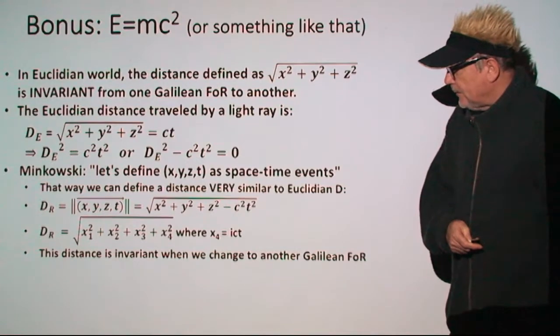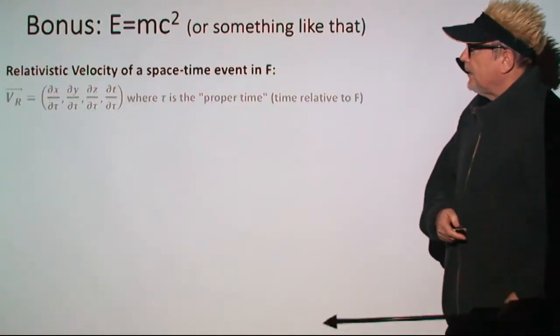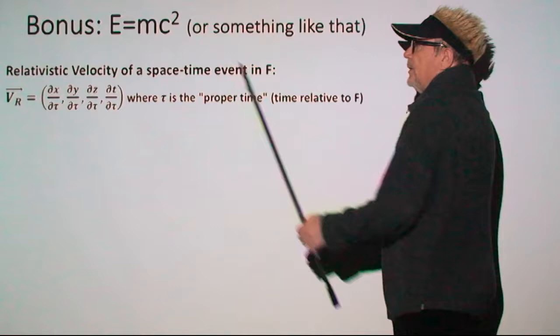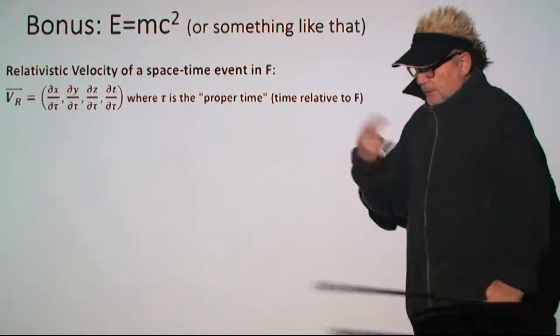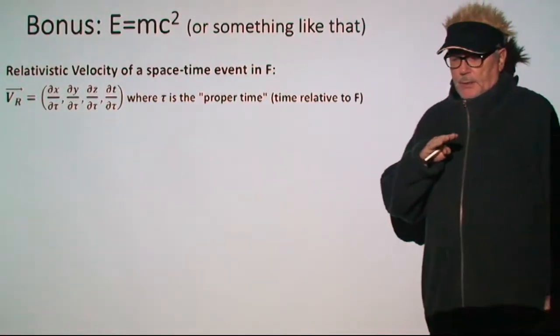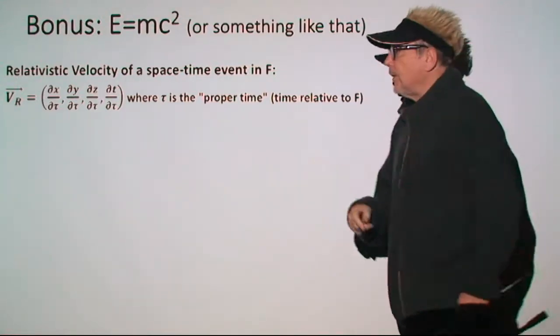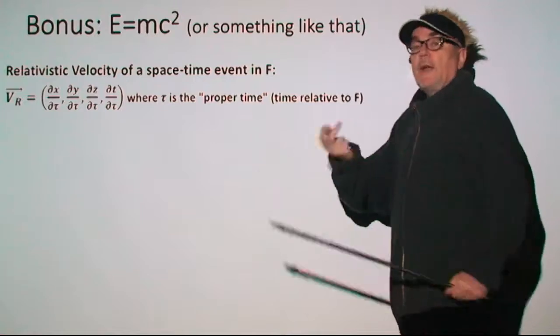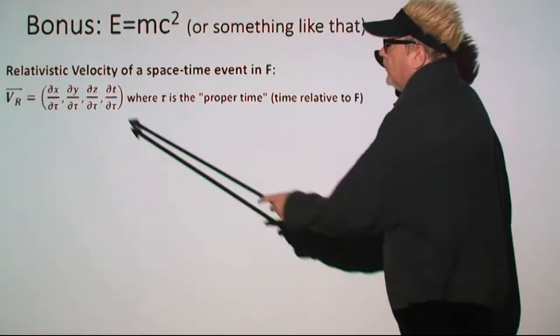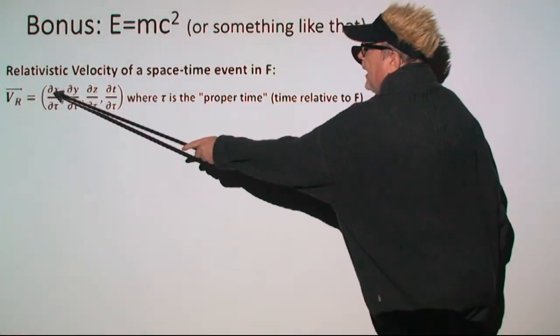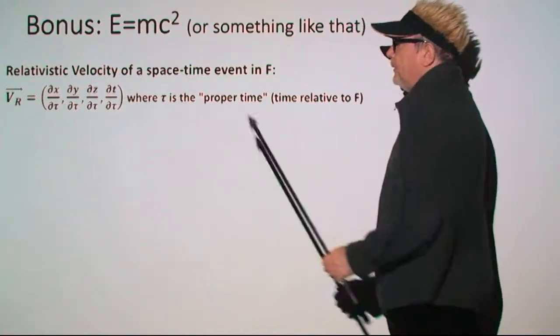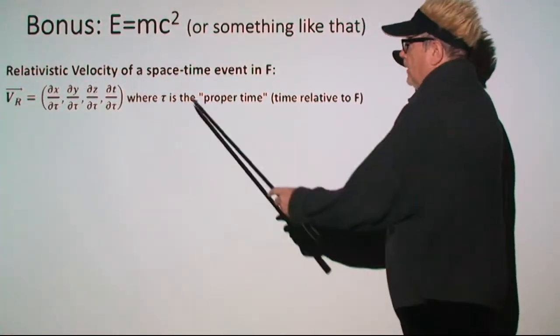Based on that, we can calculate what we call the relativistic velocity. The velocity is basically the rate at which things change over time. So in our space-time event example, it would be the derivative of x relative to tau, a Greek letter.